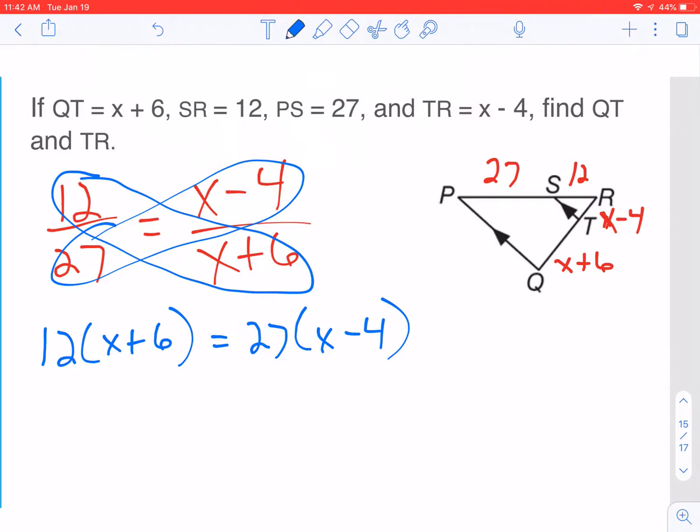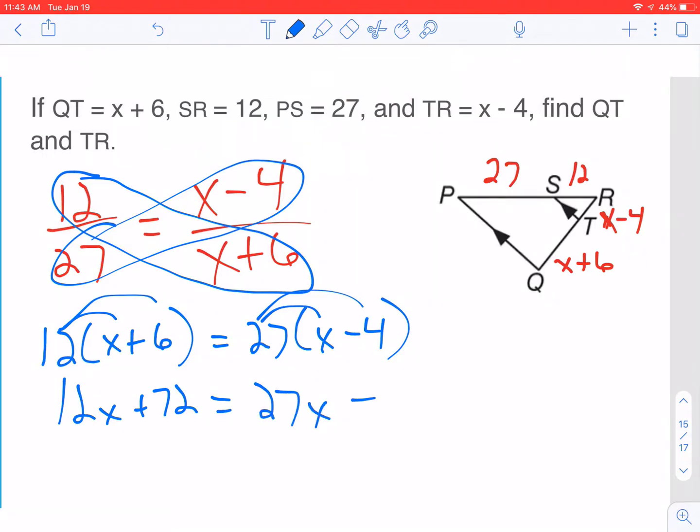So what we're going to need to do here is distribute. 12x plus 72 equals 27x minus, got to get my calculator out here, 27 times 4 equals 108. All right, I'm going to add 108 to both sides because I don't want negative numbers if I can help it.